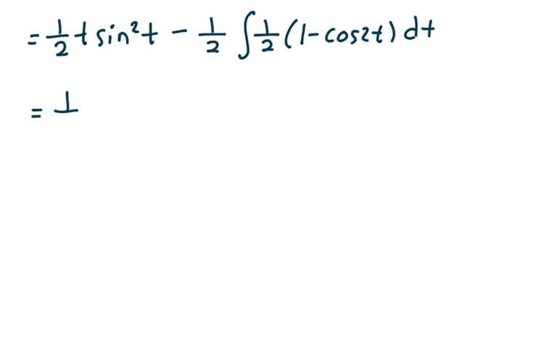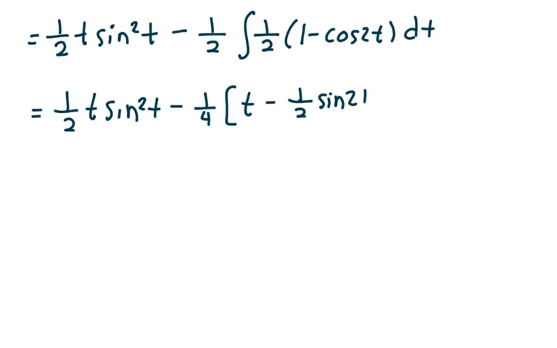And so this is 1/2 t sine squared t minus 1/4 of t minus 1/2 sine 2t plus c. So notice I just took the 1/2 times the 1/2 and called it a fourth, and then I integrated what was in parentheses with respect to t.